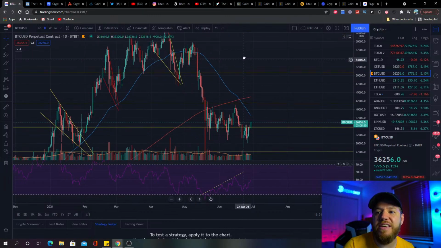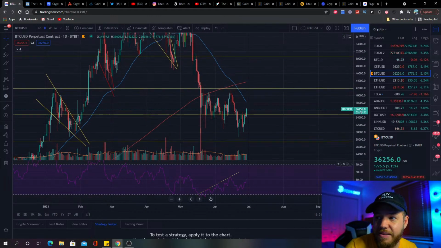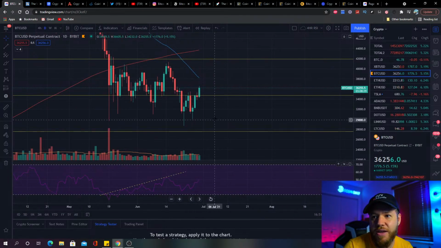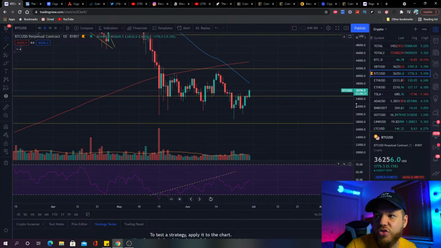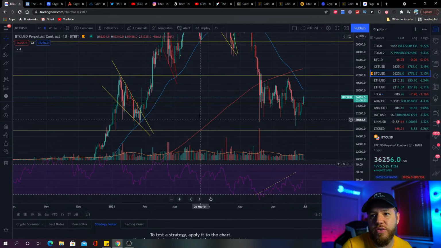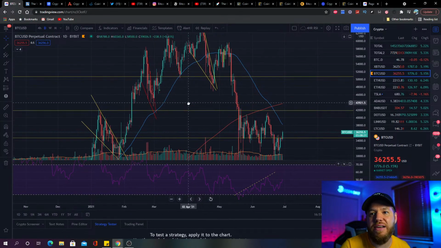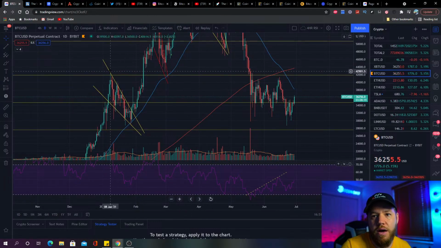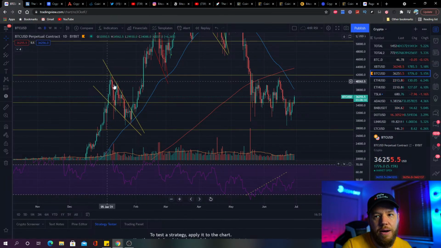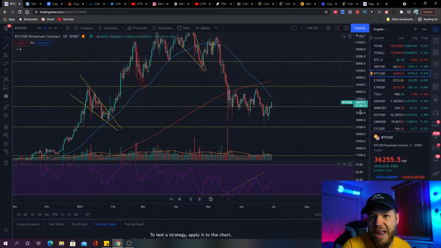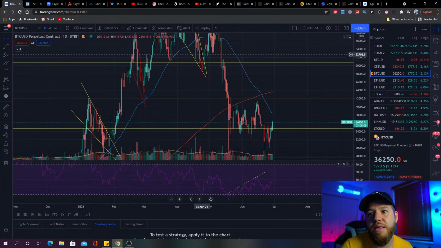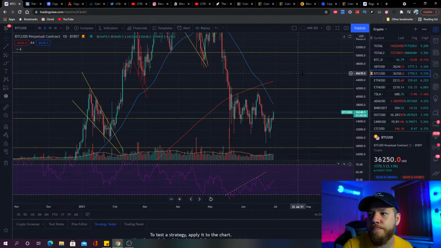So 50, although it's a pretty number and a big whole number, is definitely a support and resistance area, but it's not as strong as 42 based on history, what the price has done at that level. You know what I mean? 42 has had a way bigger impact overall in the last few months. So it's a much more important number than 50 at this point in time.